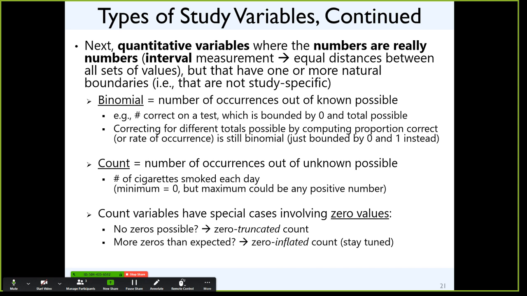More zeros than expected, which is known as zero inflated, also needs a model that understands that. These variables are actually really common as outcomes. I refer to them as if and how much. It's whenever you've mixed a kind variable with an amount variable. So for instance, if I had something like severity of sexual abuse encountered, something like that. There may be a portion of the sample that scores a 0.